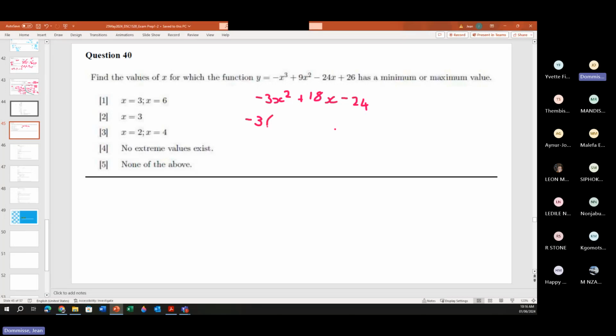So let's take minus 3 out. So we have left x to the power of 2 minus 6x, because minus 3 times minus 6 gives you the 18. Minus 3 times plus 8 will give us minus 24.